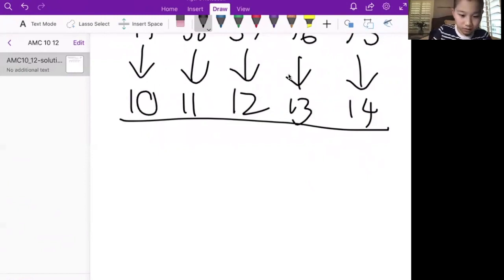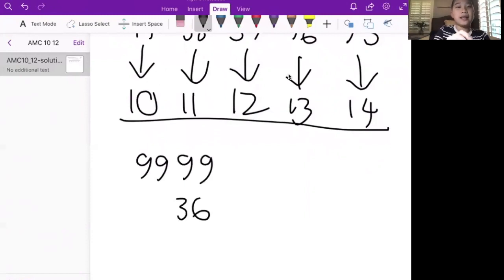So the 4-digit number 9999 has the greatest possible sum of 36. And then the smallest 4-digit number is 1000.